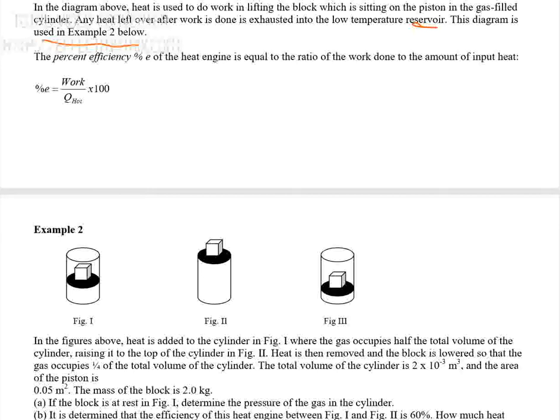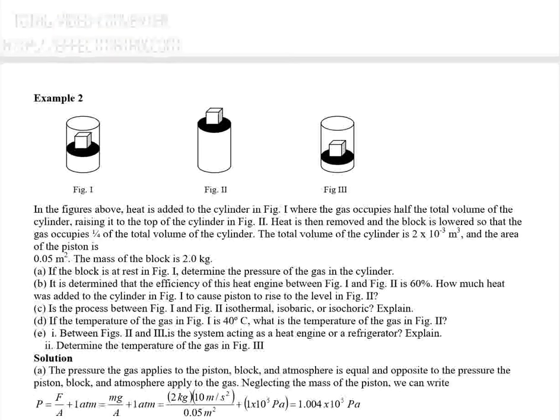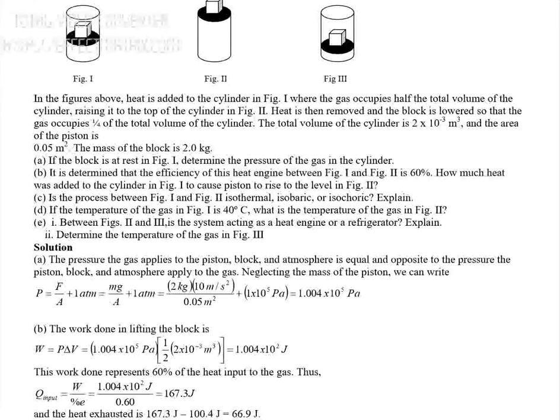Therefore, we have three figures here. In this example, in the figure above, heat is added to the cylinder in figure 1, where the gas occupies half the total volume of the cylinder, raising it to the top of the cylinder in figure 2. And heat is then removed and the block is lowered so that the gas occupies what? 1/4 of the total volume of the cylinder.